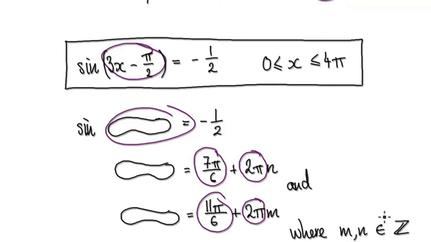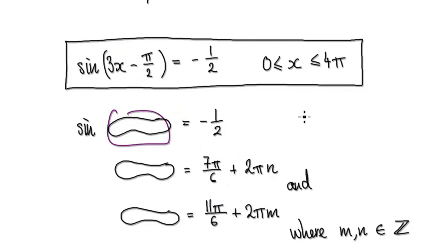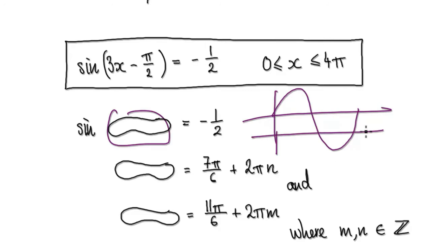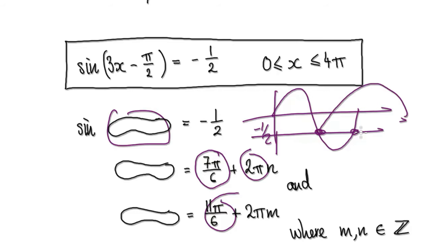Okay, so what that means is this. Looking at this, it would be a simple graph like this, -1/2. So our first solution would be this thing here, and then our second one would be this thing here, and don't forget it would be multiples of 2 pi, and then another multiple of 2 pi and so on.